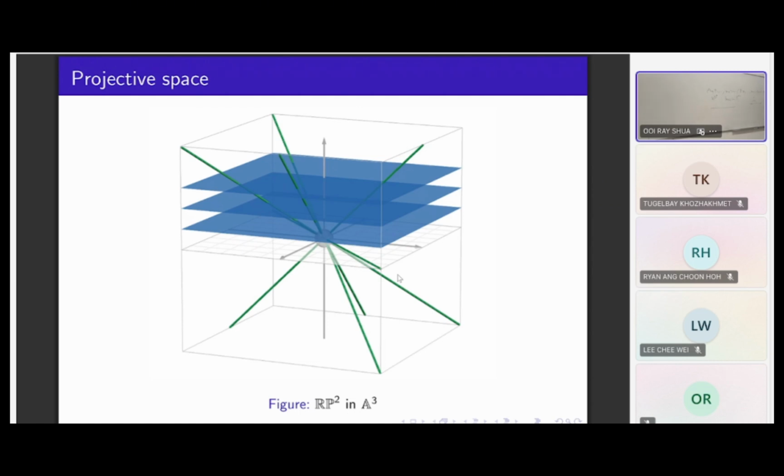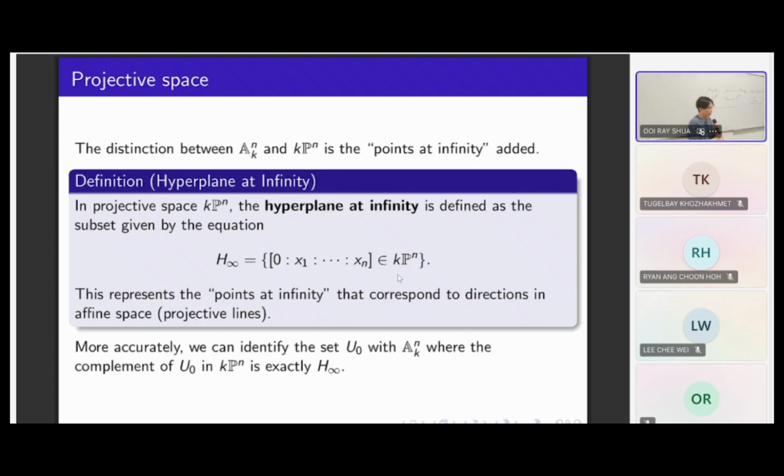In projective space, the origin is excluded. So the only points you can see at z equals 0 are when you look parallel to the planes, which is the set of points at infinity.